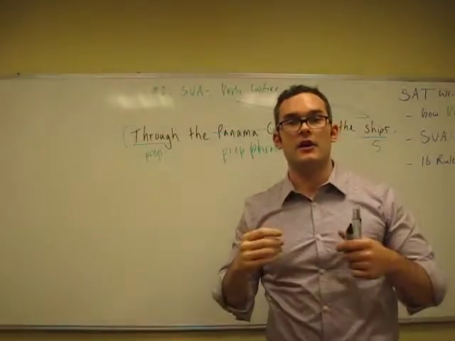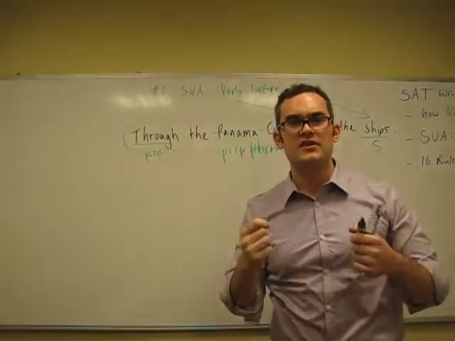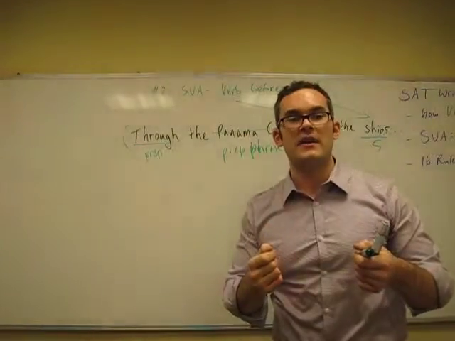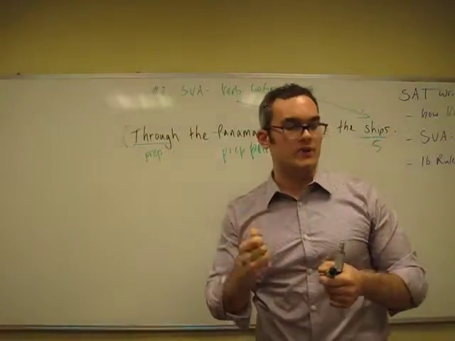Now let's take a look at the third way that it's tested, which has to do with confusing sentence structure that can make the subject seem plural when really it's not.